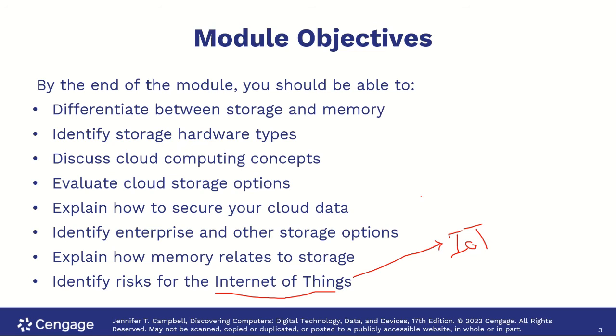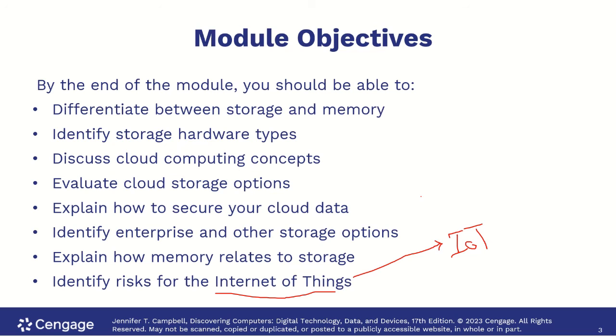We discussed cloud computing in detail. We evaluated cloud storage options. You will find some questions in your assignment about it. We explained how to secure our cloud data. We identified enterprise and other storage options. We explained how memory relates to storage.